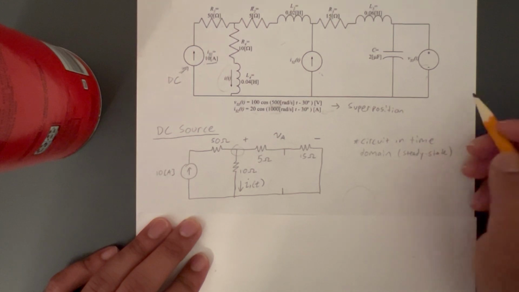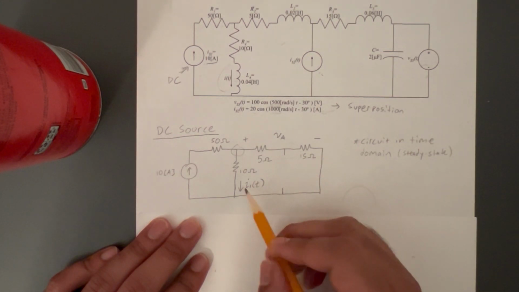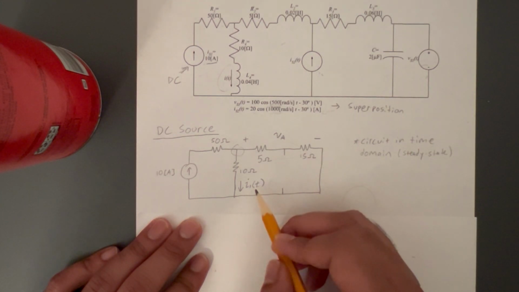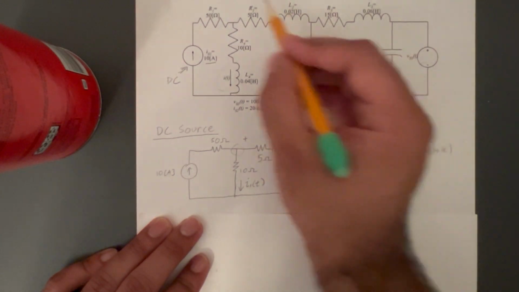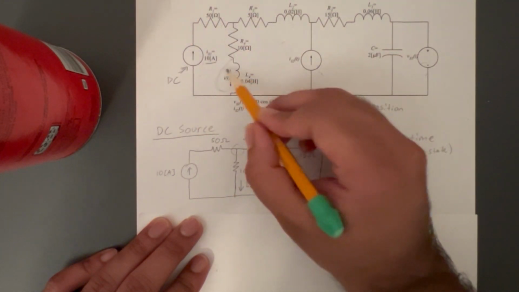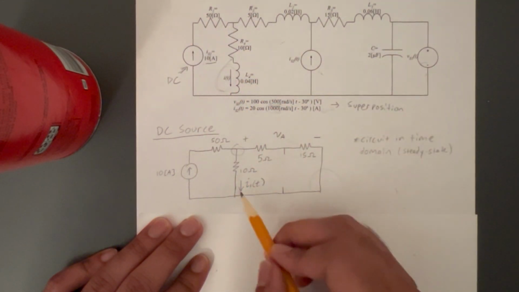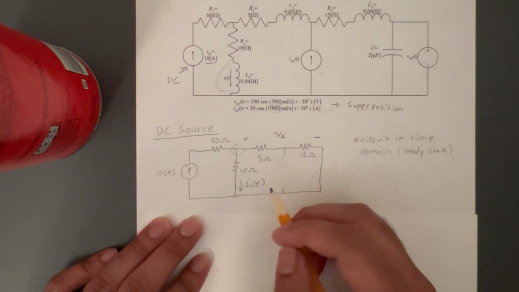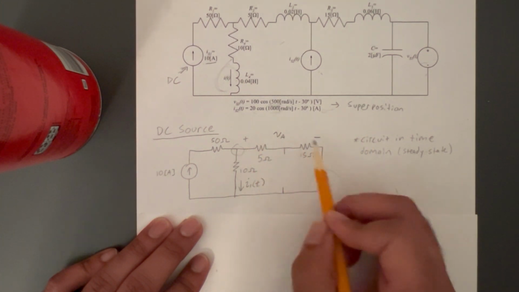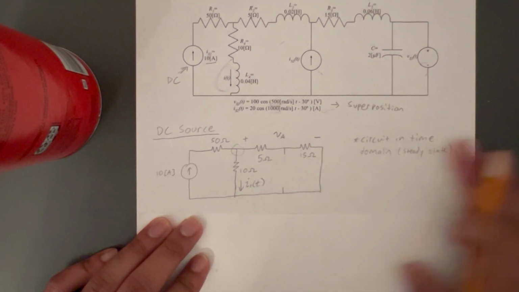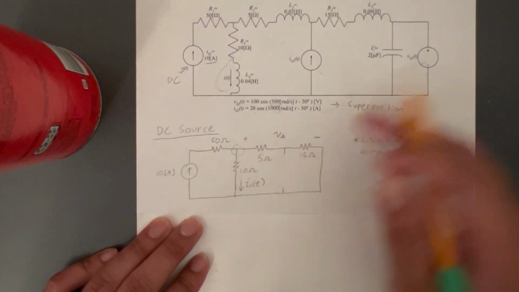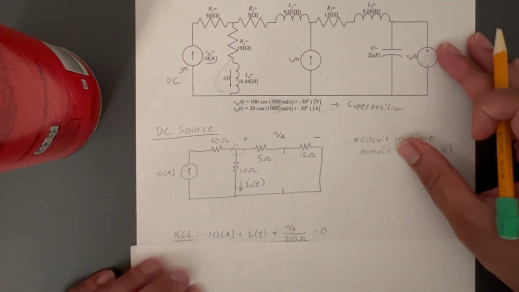I've gone ahead and defined the value we're looking for, which is I1. The problem also stated that this is the value we're solving for, so I've drawn that here. I've also drawn a voltage over here. First we'll begin by doing KCL right here, which I've done right there.